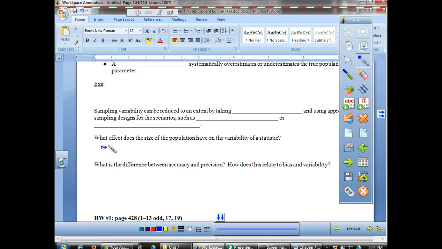So, not much at all, as long as the 10% condition is met.